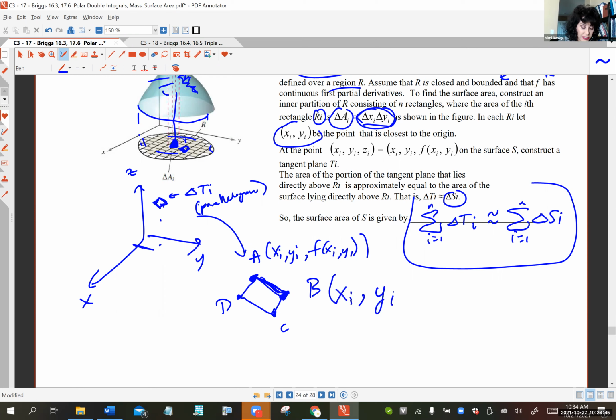And the y will be a little extra, so we'll call it y sub I plus 1. And then the z coordinate will be f evaluated at x sub I, y sub I plus 1. I know there's a lot of subscripts here. I apologize. It's okay. We're getting somewhere.